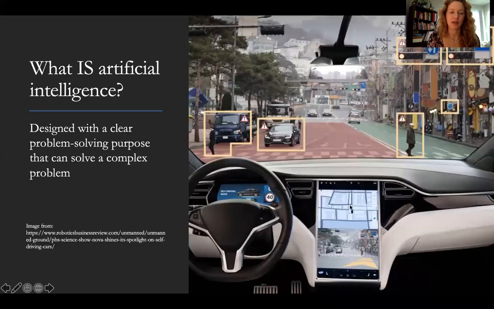So what is artificial intelligence then? What is it? We'll move away from breaking down the words here. What's the difference between artificial intelligence and any other program? So there are many definitions of artificial intelligence, which is in some ways part of the problem.